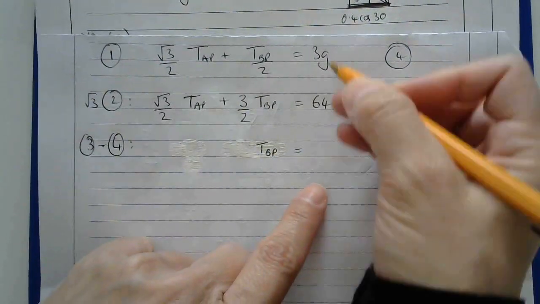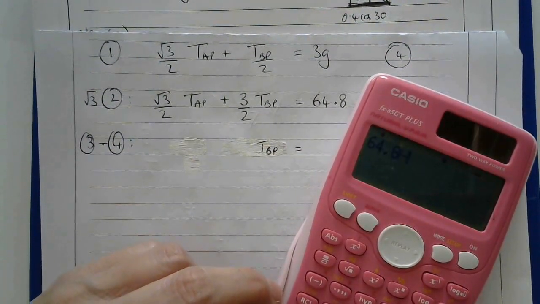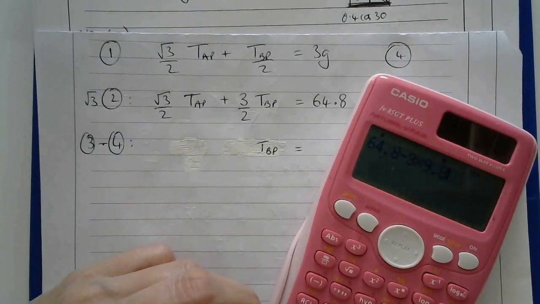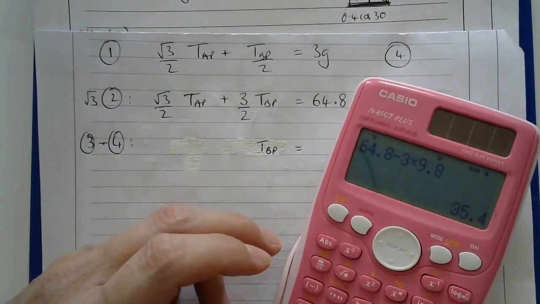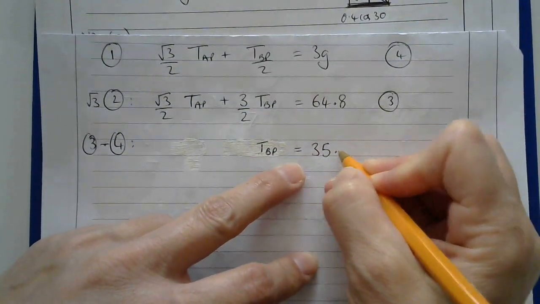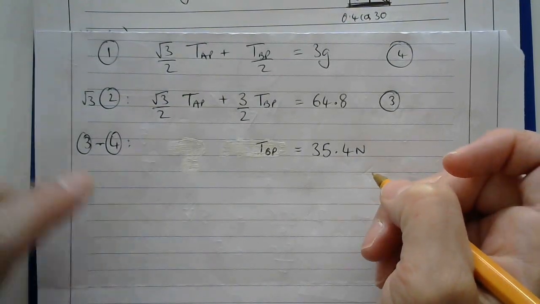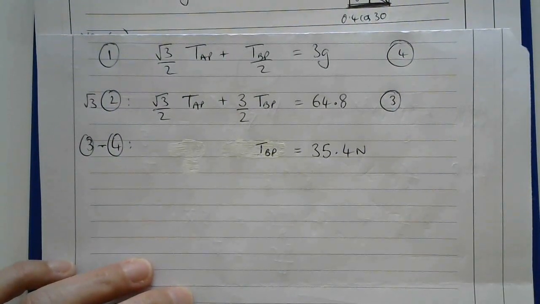And then I've got this minus this, so I have 64.8 minus 3 times 9.8, and that gives me 35.4 newtons. And so that is the tension in the lower string.